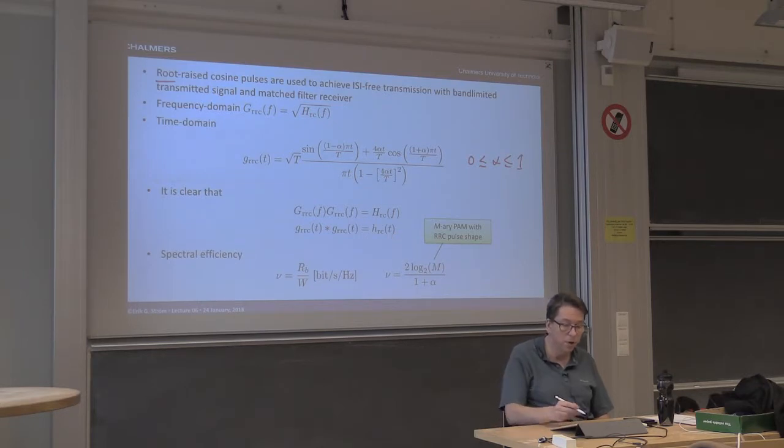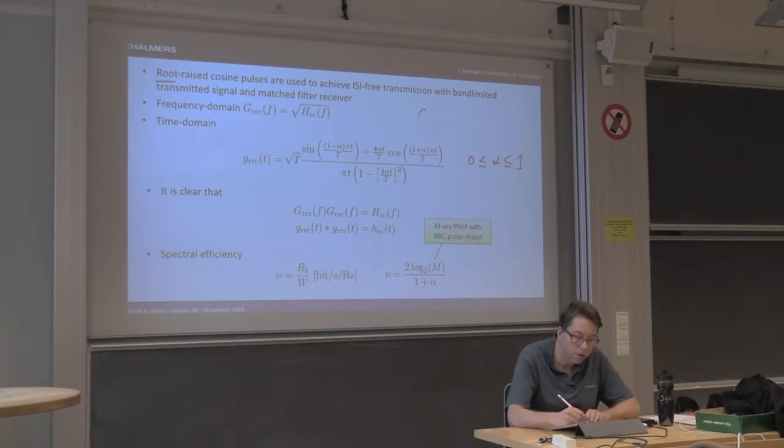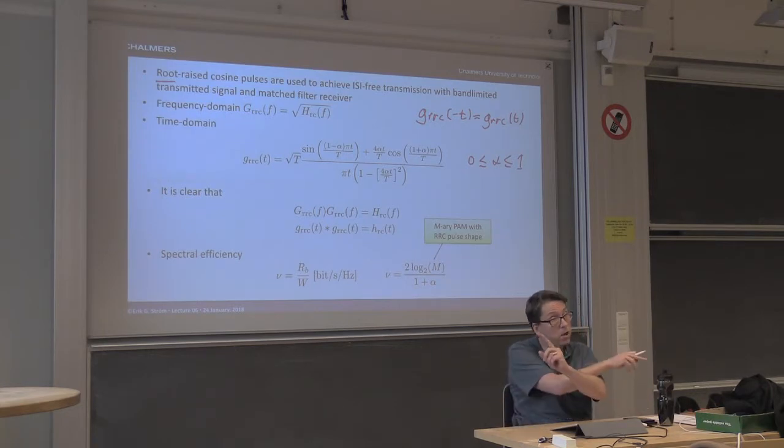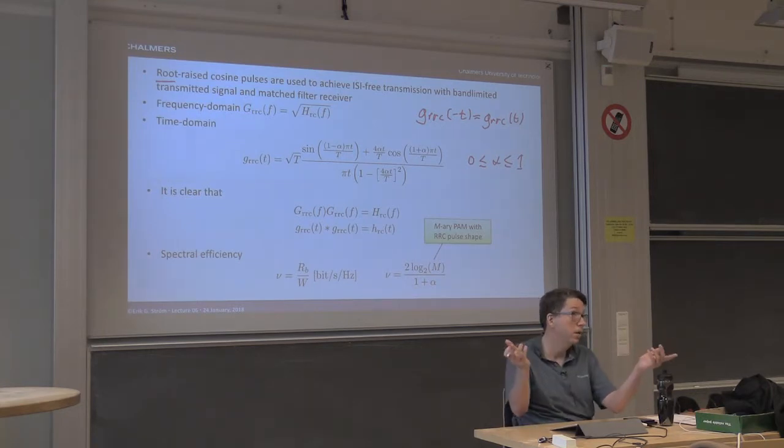Now, the beauty of this is that this one is actually symmetrical in T. So what I would like to say is that the root raised cosine pulse, if I time reverse that, I simply get the root raised cosine pulse again itself. So if I want to have a matched filter to the root raised cosine pulse, I need to time reverse it, but then I get it back, right?